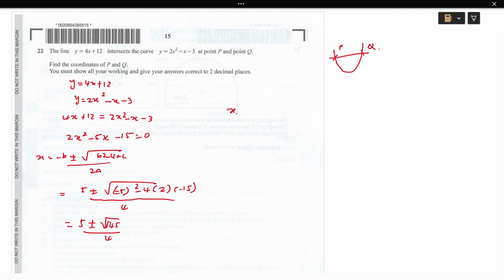So x equals 5 plus square root of 145 over 4, and x equals 5 minus square root of 145 over 4. So I get x equals 4.26 and x equals negative 1.76.